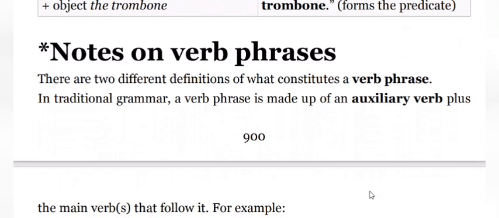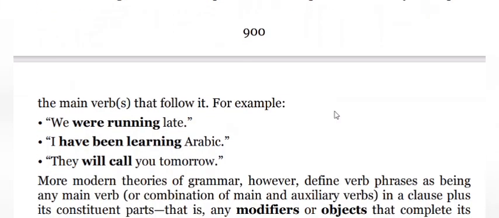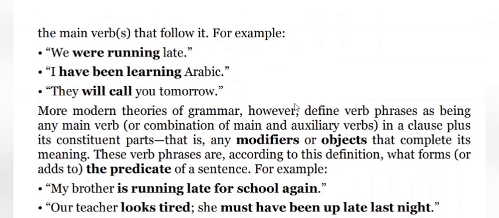Now, there are some notes on verb phrases. There are two different definitions of what constitutes a verb phrase. In traditional grammar, a verb phrase is made up of an auxiliary verb plus the main verb that follows it. For example, we were running late.